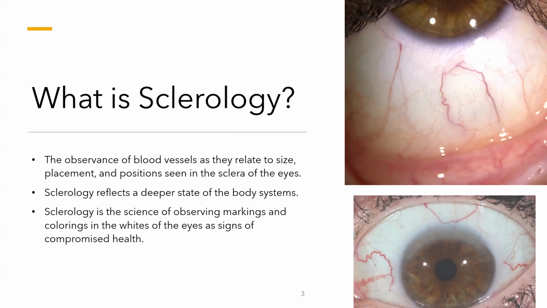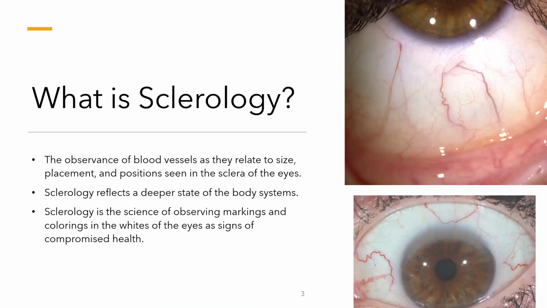So we know that sclerology, and this is the true depiction, the true definition of what sclerology is, it is the science of observing markings and colorings in the whites of the eyes as signs of compromised health. Now, in level 1 and 2, we teach and we were taught 10 signs. Those signs are still very important.